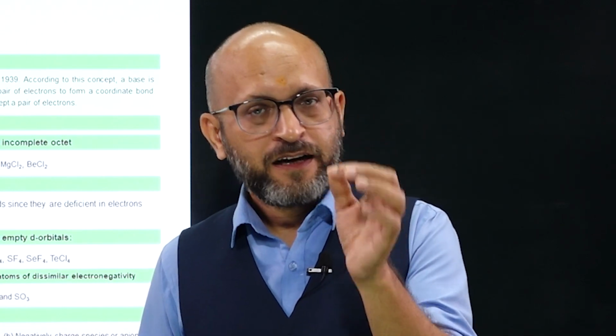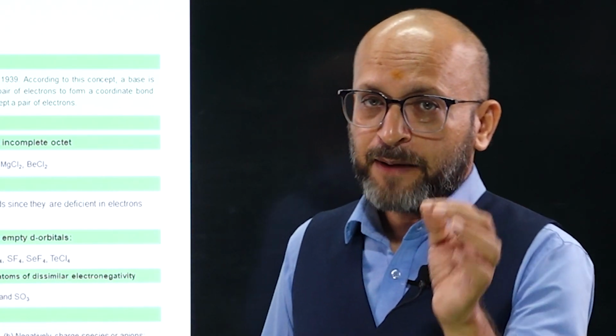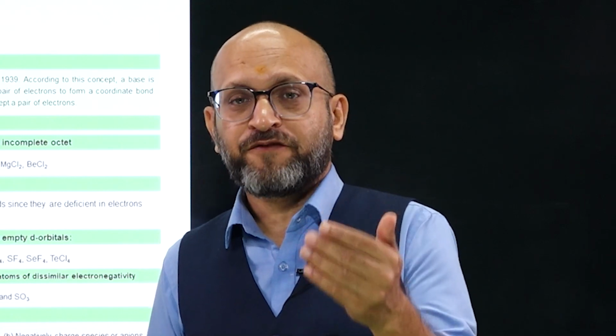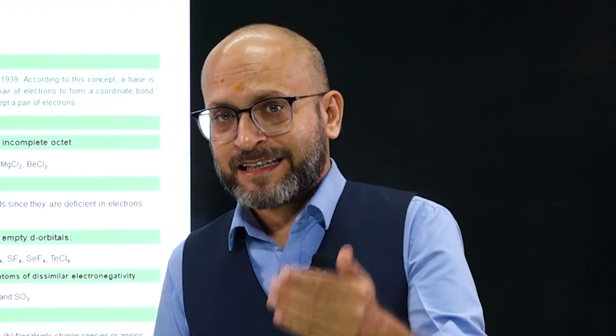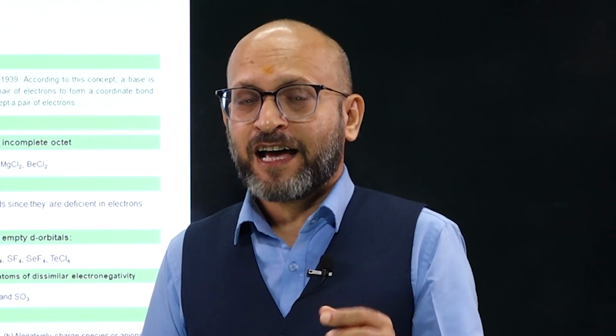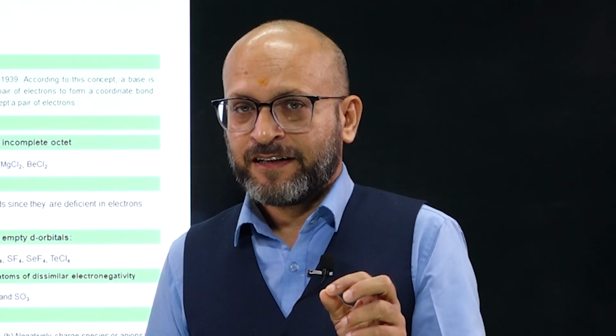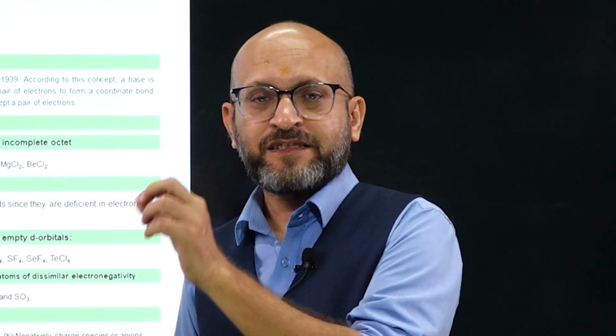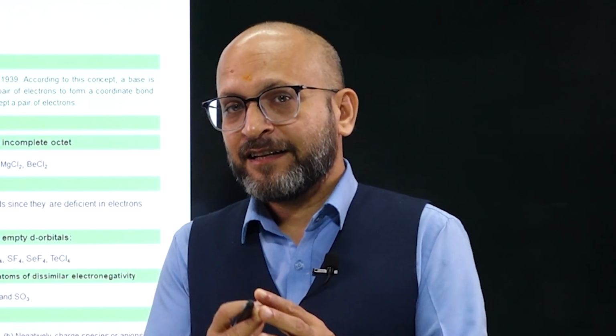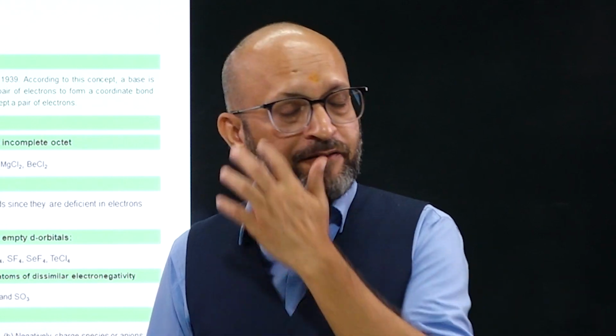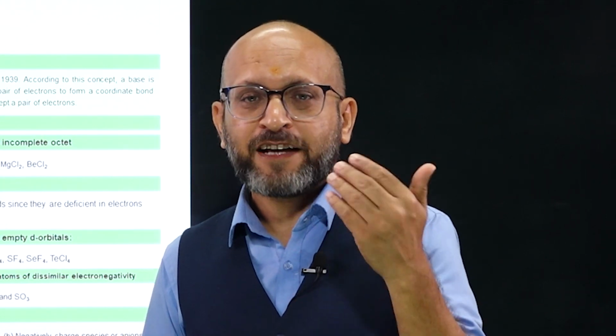Similarly, if a species has an empty orbital, for example BF3, AlF3, AlCl3, BCl3, all these have one vacant orbital. So BF3, AlCl3, BCl3, all these are Lewis acids. Then there is another category where we have multiple bonds such as CO2, SO3.